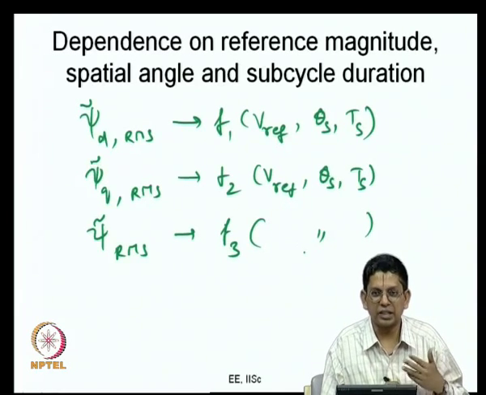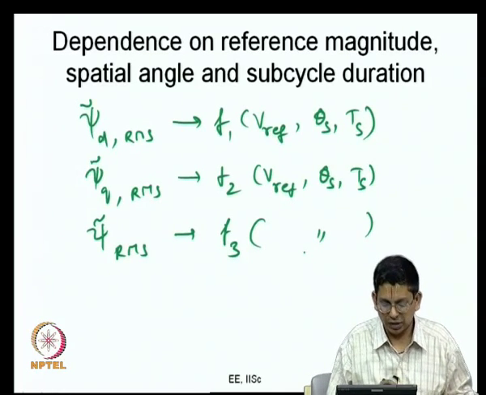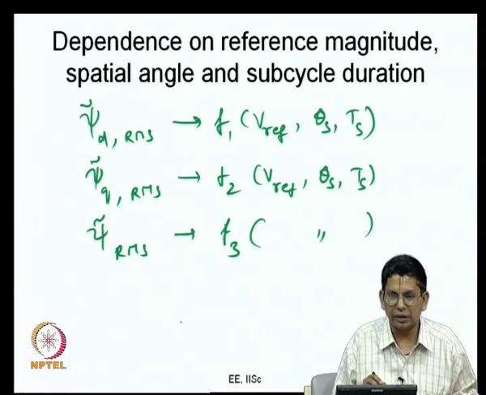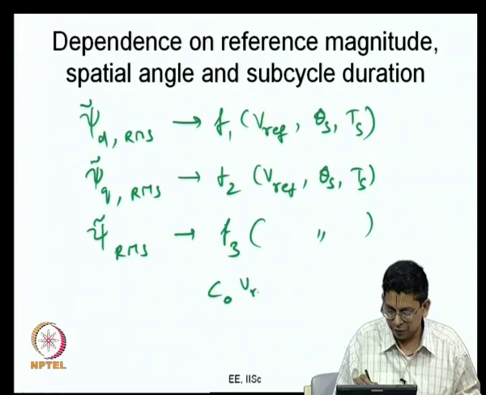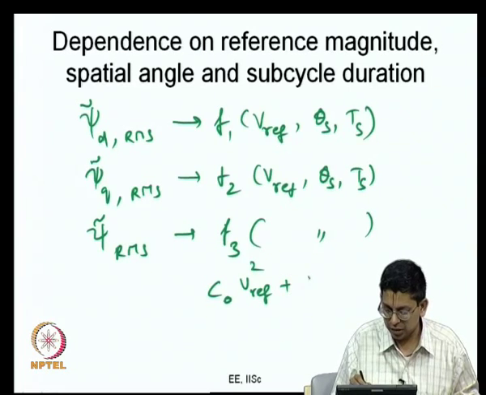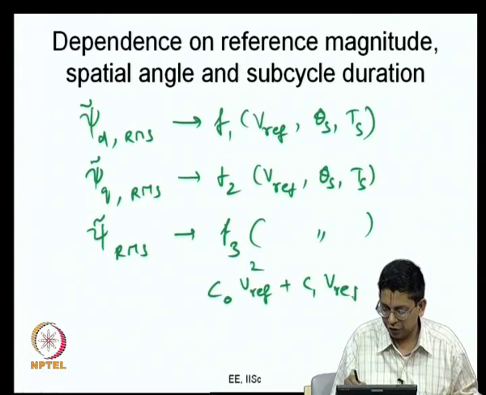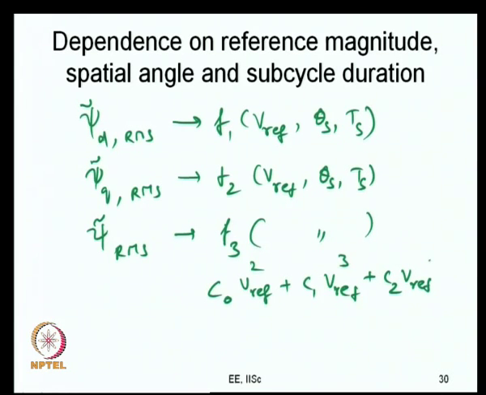This has been evaluated, and interestingly it is of the form C0 Vref squared plus C1 Vref cube plus C2 Vref power 4, the whole thing multiplied by Ts squared. So, psi tilde RMS squared is generally of this form, where you see the dependence on Ts and so on.